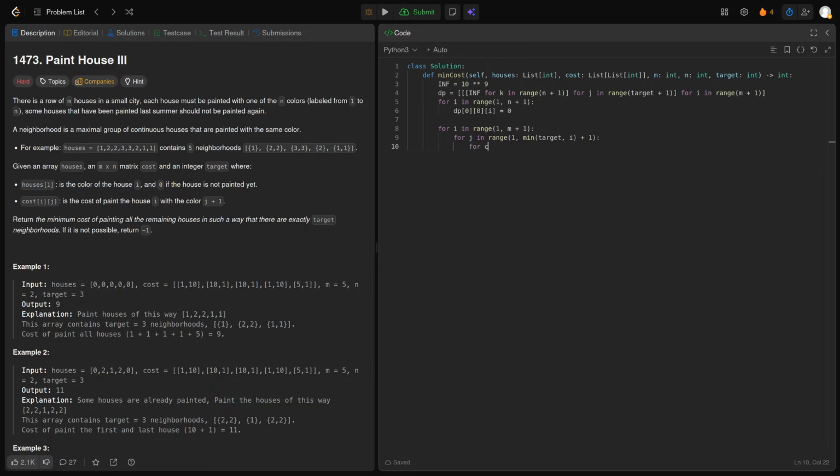And then for current color in range 1 to n plus 1, if houses i minus 1 is 0.